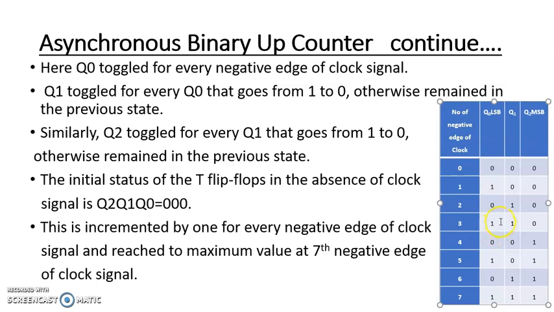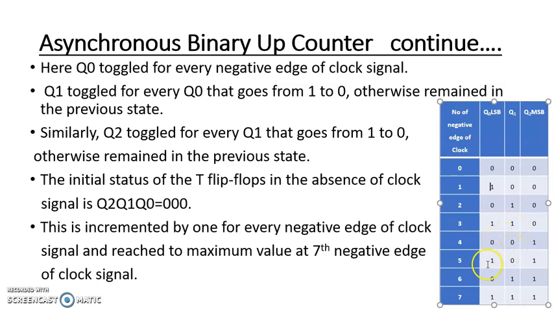When the fourth clock pulse comes, Q0 changes from 1 to 0, which is negative triggering. So the second flip-flop is triggered, toggles, and changes its output from 1 to 0.